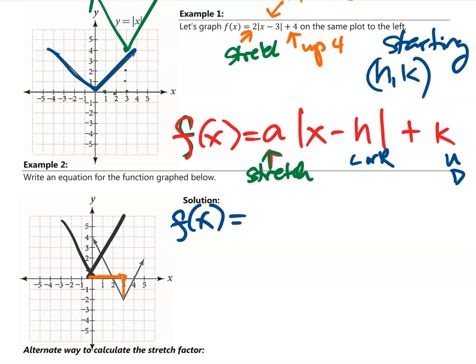When you move it 3 to the right, that is x minus 3, and down 2, so minus 2. And we have a. How do we solve for a to get the exact equation of this blue absolute value graph? To find a, all we need to do is plug in a point that is on the graph.